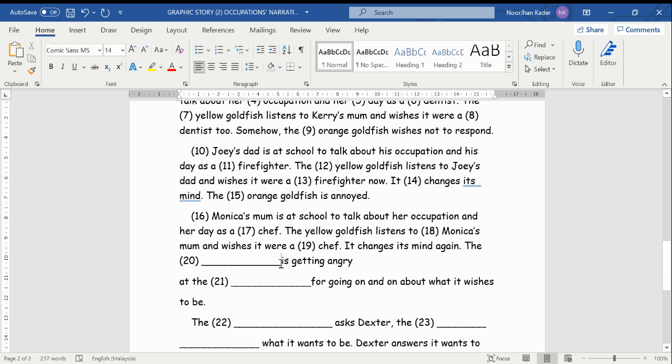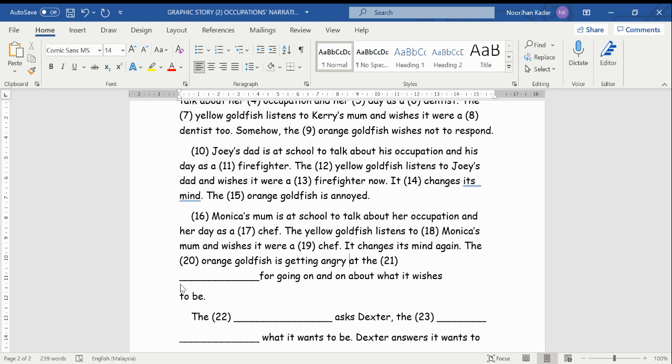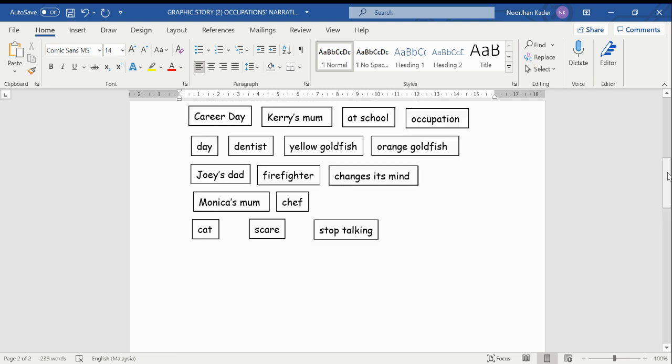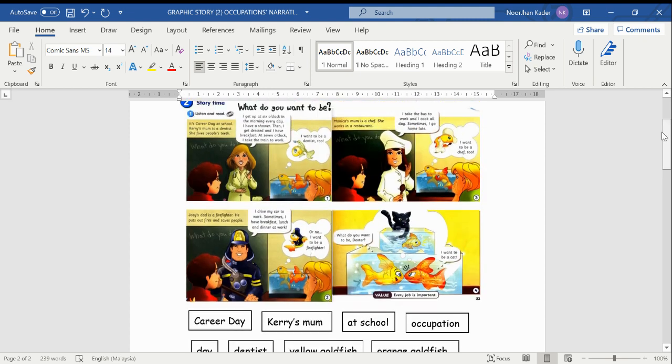We are talking about the supporting character, the orange goldfish, is getting angry. That's what we can see in the picture. Is getting angry at who? Is getting angry at the yellow goldfish.